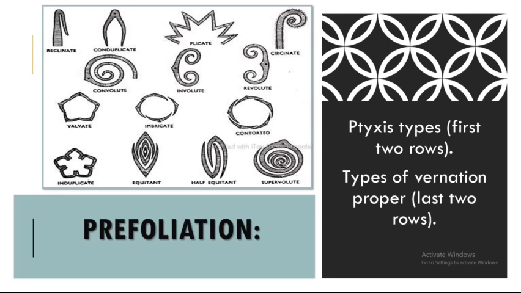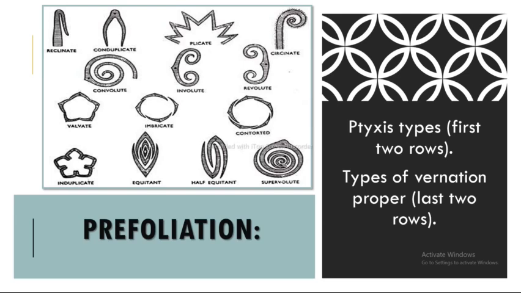And the first type of the vernation is valvate. Valvate is an open vernation that includes the flowers whose petals and sepals are only attached through the margins of a single whorl by leaving a free space within them. That condition is known as valvate.